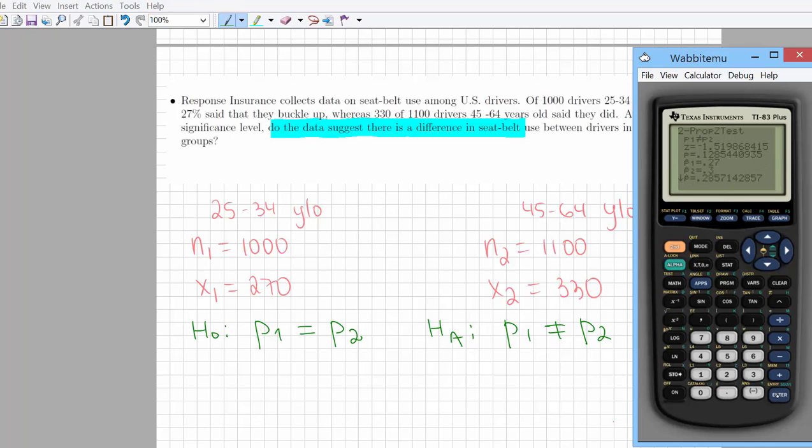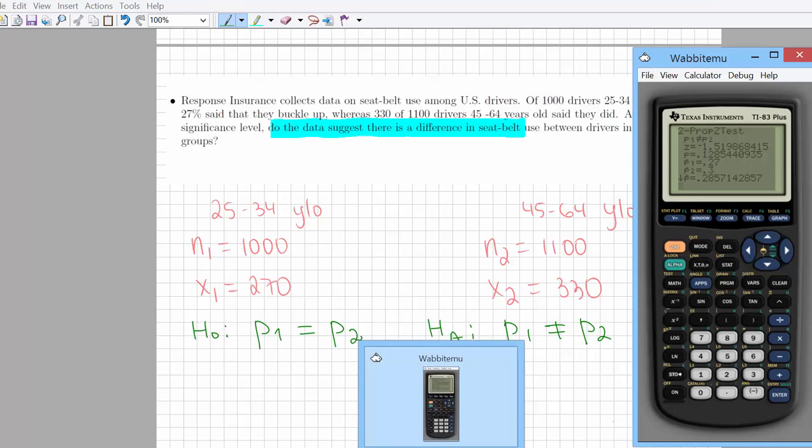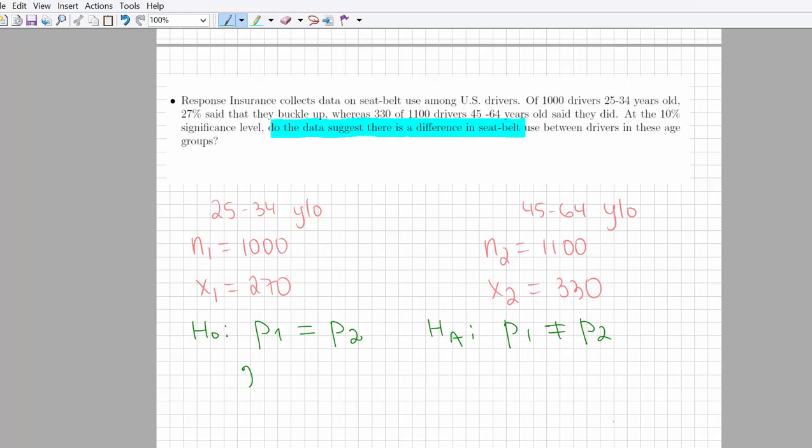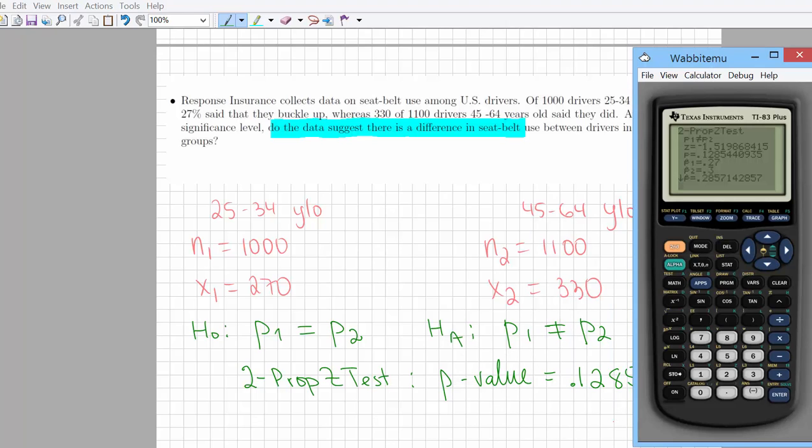The p-value is 0.1285, right? So I did a 2-proportion z test. I got a p-value of 0.1285. That is not big. Let's take a look. My P1 is 27%.